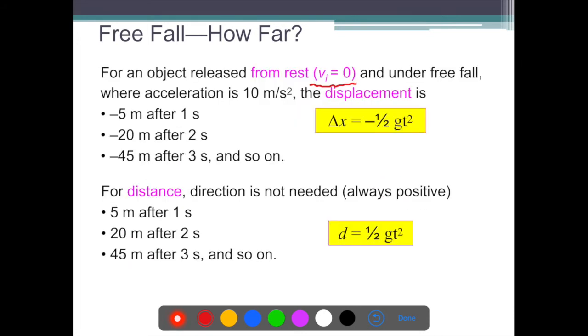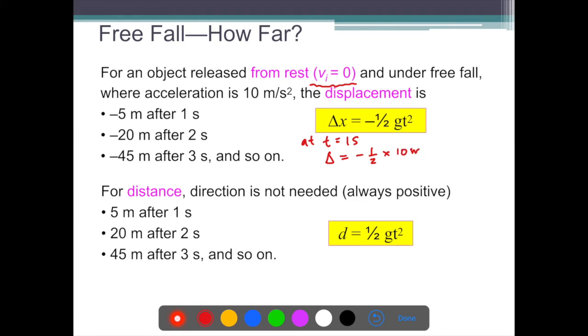And so the displacement is just delta x is equal to negative 1/2 g t squared. So after 1 second, the displacement will be negative 1/2 multiplied with g.